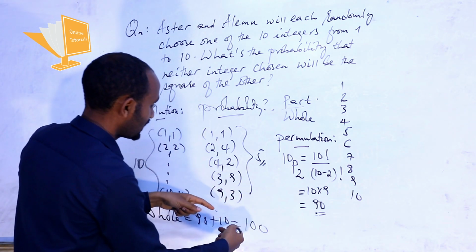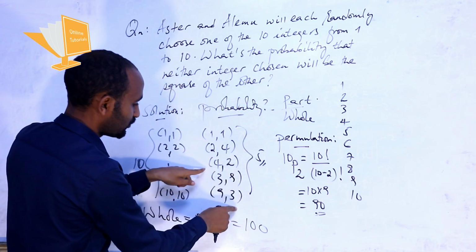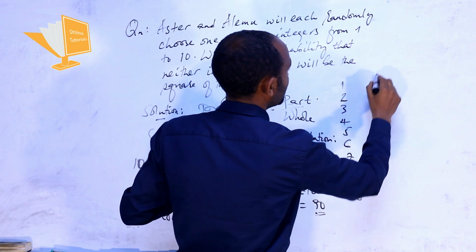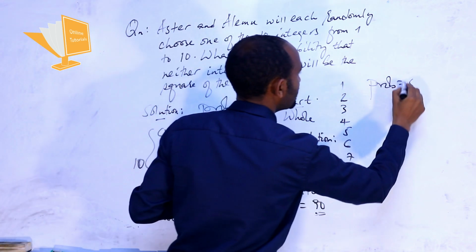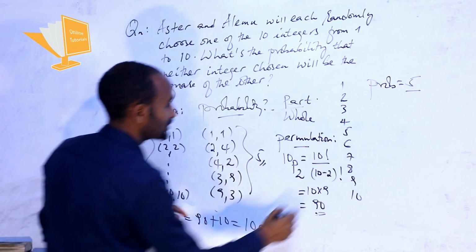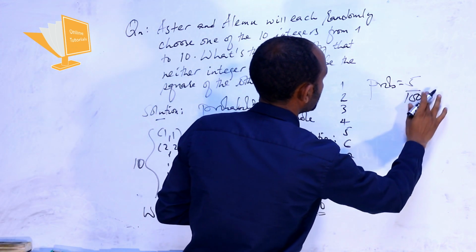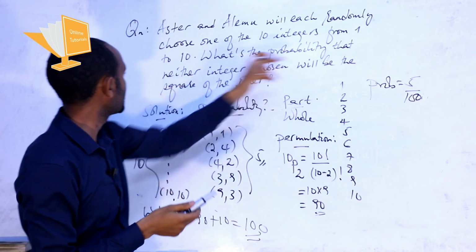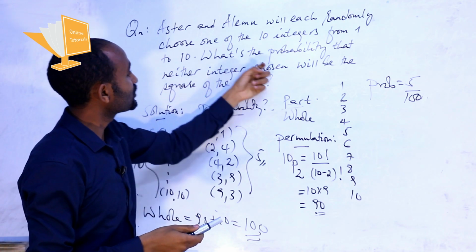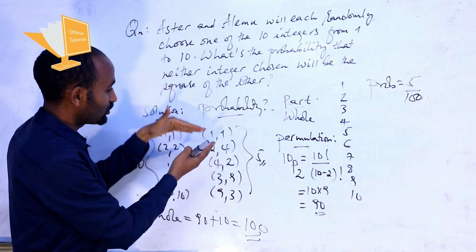From the 100 pairs, how many are related in such a way that one is the square of the other? Only 5 of them. So the probability is the part, which is 5, divided by the whole, which is 100. So let's have a look at the question. What is the probability that neither integer chosen will be the square of the other? So the question is not that one is the square of the other.